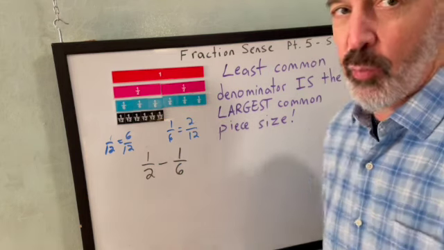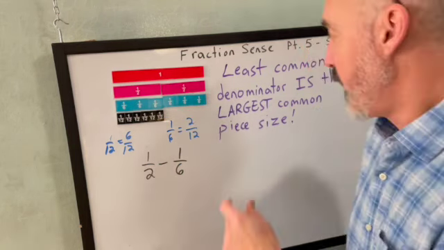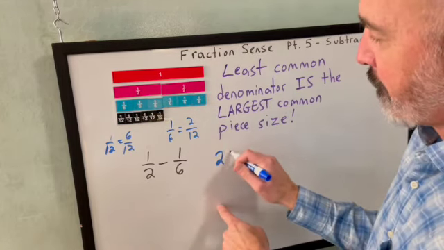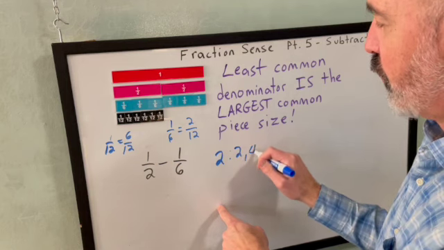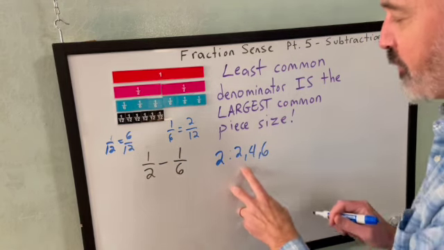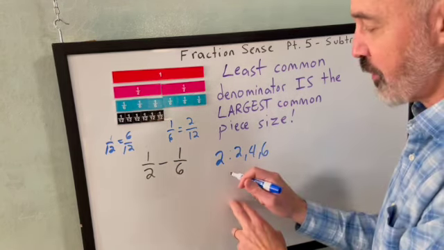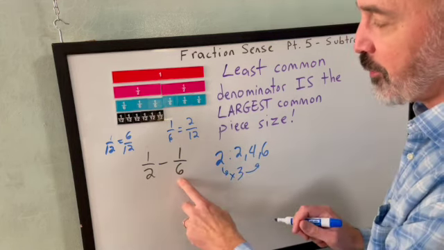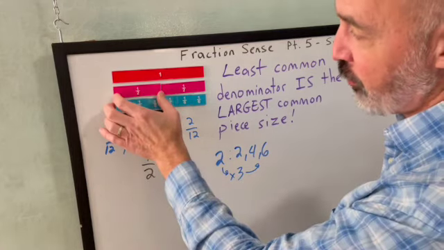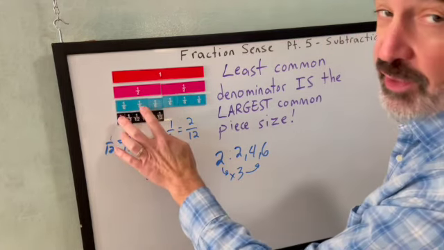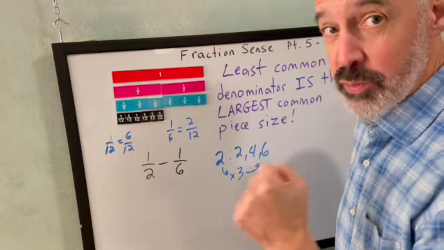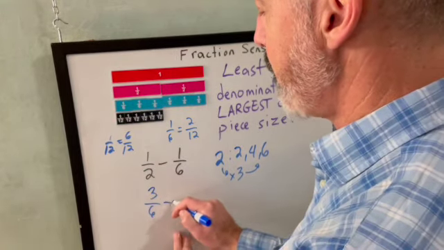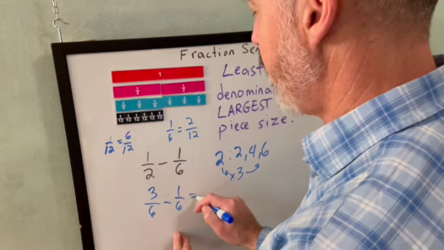But the better way would be to figure out that you skip count by 2: 2, 4, 6, and after skip counting 3 times, that gets you a common piece size of 6. So here we have 1/2 is equal to 3/6. And again, you can see that physically, which is super important. So I could convert this into 3/6 minus 1/6.